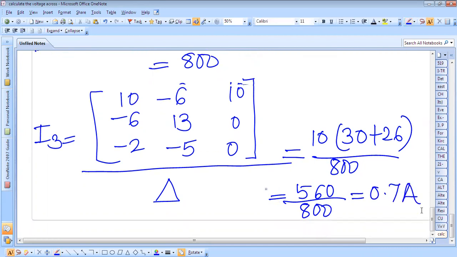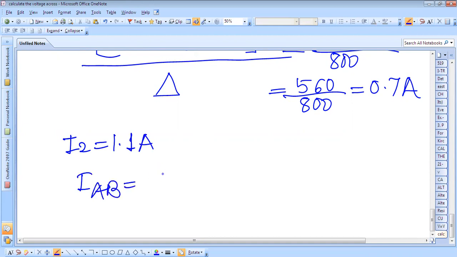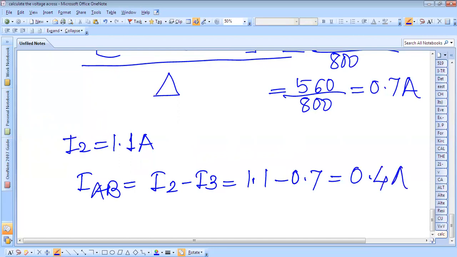So now we have got I2, which is 1.1 ampere, and we have got I3. So what is the current flowing through AB? It is I2 minus I3. I2 is 1.1 minus 0.7, so it is 0.4 ampere.